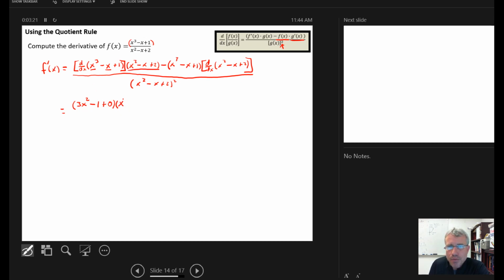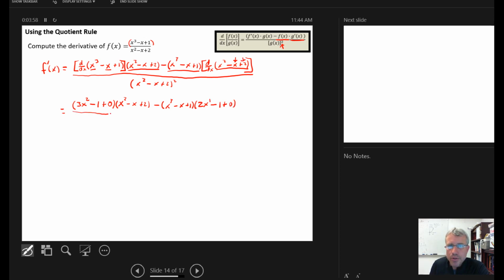Now rewrite the second function, the x squared minus x plus 2, minus, rewrite this function, x cubed minus x plus 1, times, take the derivative d dx of this function. The derivative of x squared, use the power rule, bring the 2 down to the coefficient position and decrease the exponent by 1, so x to the first, minus the derivative of x is just 1, plus the derivative of a constant is 0.